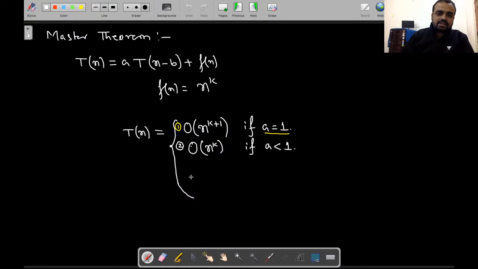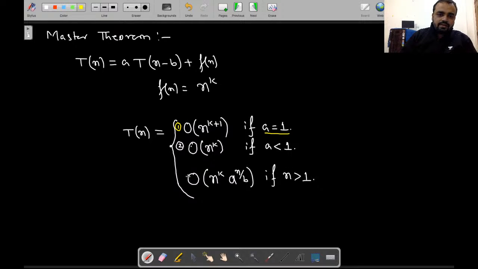The third one is it will become n to the power k and a to the power n by b, if a is greater than 1.